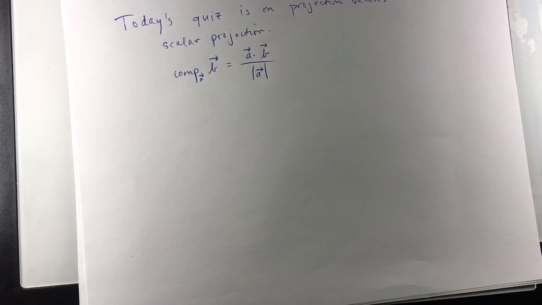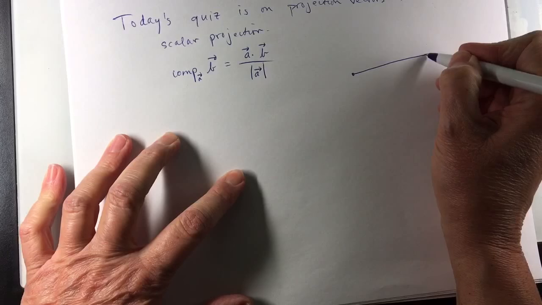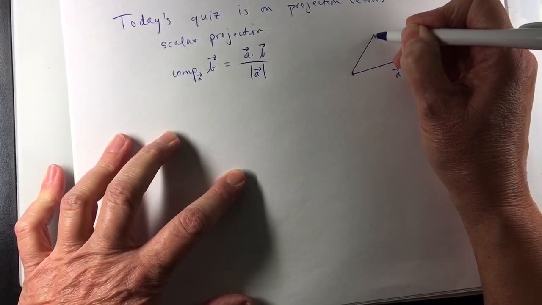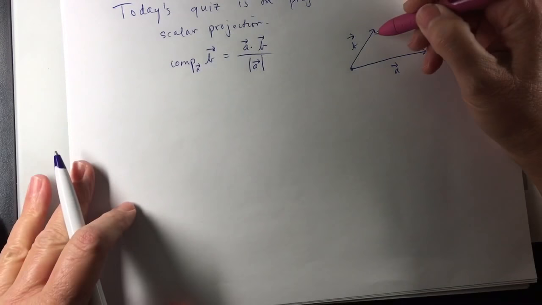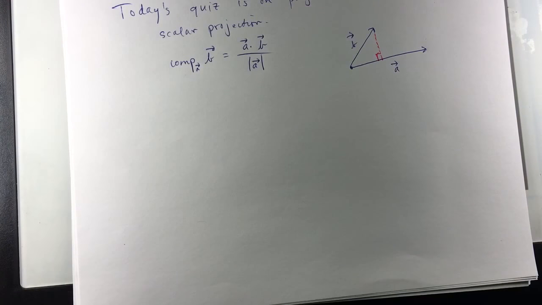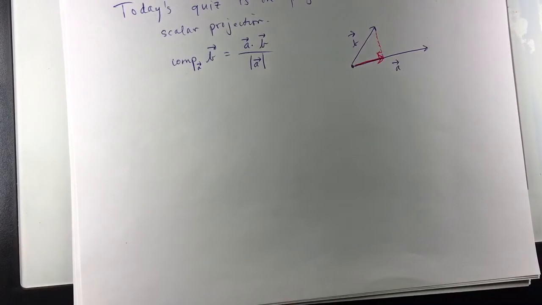I drew my little picture yesterday or the day before, and I said, okay, I'm going to draw A longer than B, and I commented, I'm going to draw it like this because it's more obvious what we're finding when we do the vector projection, that it's kind of the shadow of B on A, like that. And so I was thinking, well, when would that be negative?